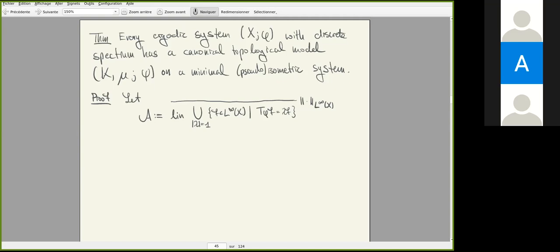What we do is take all eigenfunctions, then take the linear span of these eigenfunctions and the closure in L infinity of X. Because the system is ergodic, the product of eigenfunctions is again an eigenfunction. And so this is already a C star subalgebra. It yields us a topological model because by assumption, this is also dense.